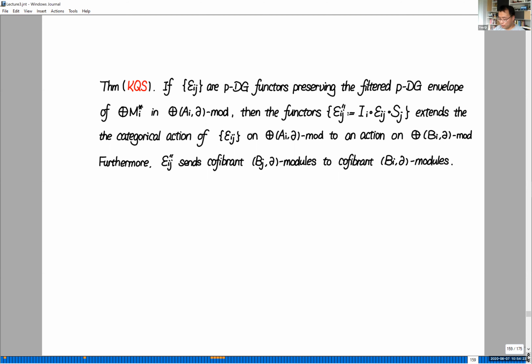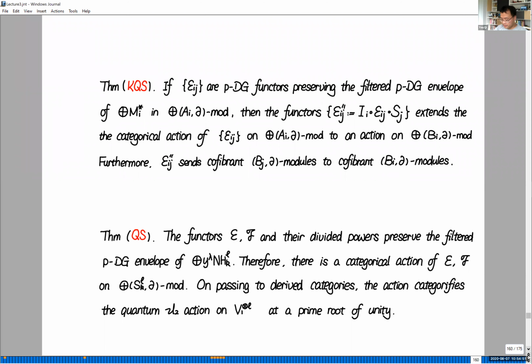You require a module to be in the filtered envelope if it has a filtration whose subquotients are direct summands of these modules. Then this functor extends to a categorical action on the pDG modules over the B side, and descends the analog of projective modules, called cofibrant modules in the pDG world, to cofibrant modules. So it actually descends to the K group relatively easily.